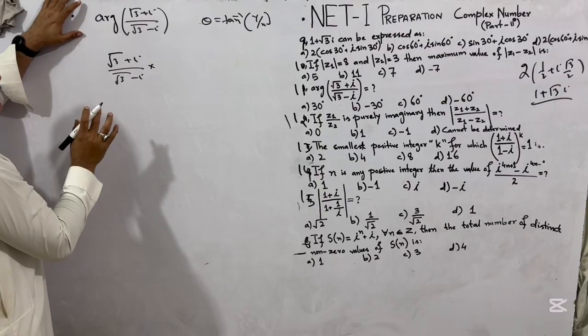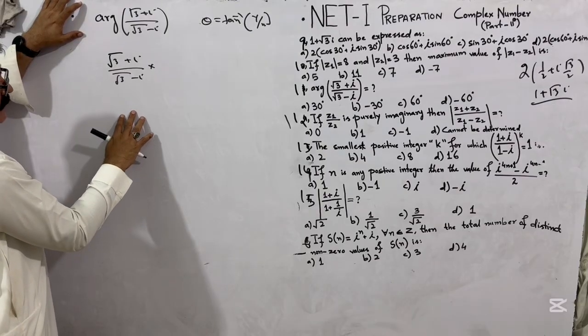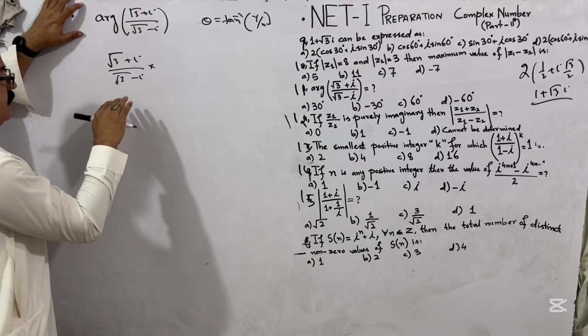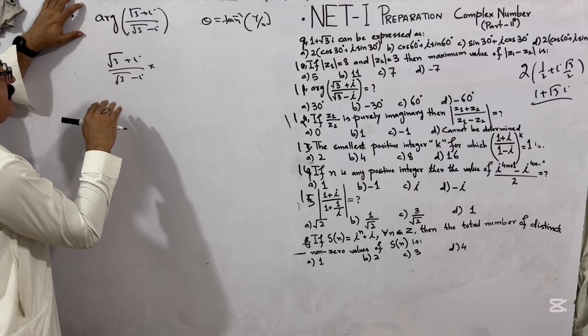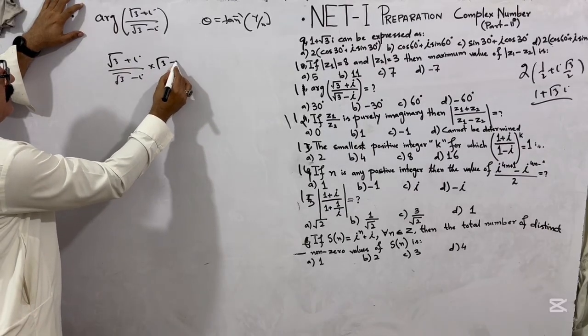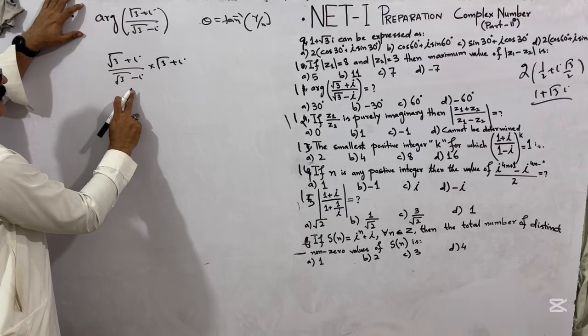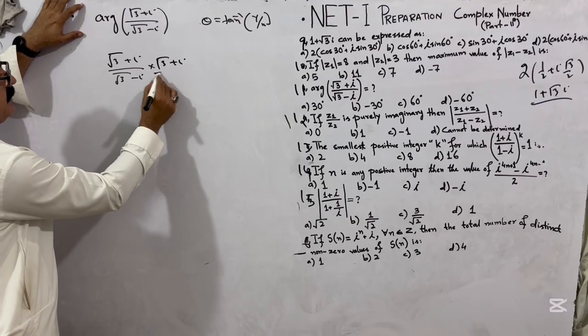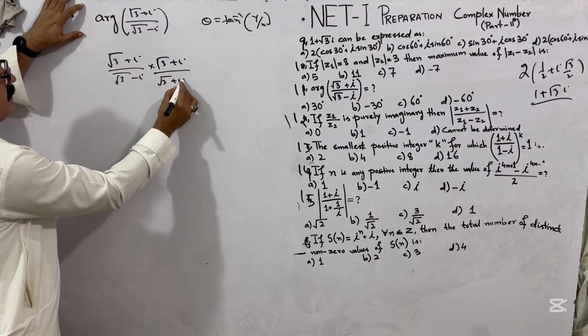We rationalize with the conjugate of the denominator. Conjugate means change the symbol of the imaginary part. According to the denominator, change the symbol of the imaginary part: under root 3 plus iota.